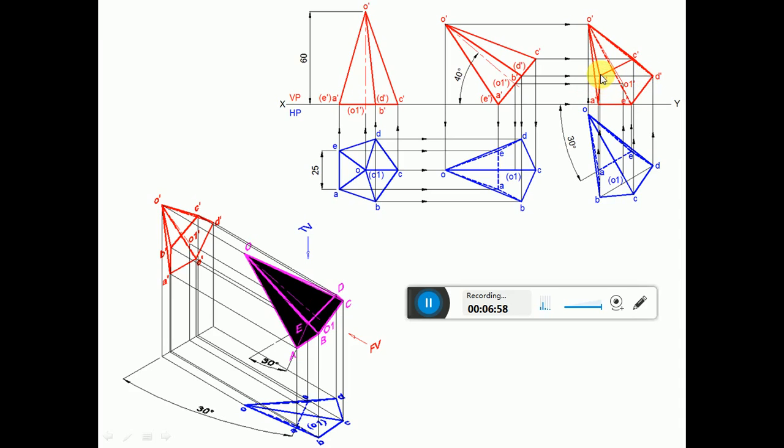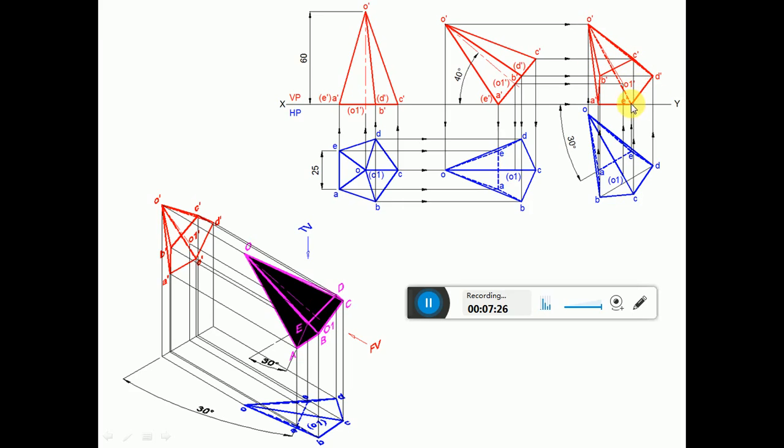Since B dash is not on the boundary, from B dash you can see there are three edges. One is B dash C dash, the other one is B dash A dash, and the last is B dash O dash. B dash C dash is visible and B dash A dash is visible, so naturally B dash O dash also becomes visible. So you darken that. Now the left out are O dash E dash and O dash D dash.